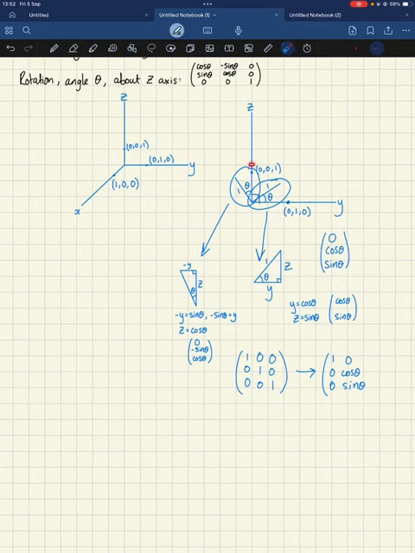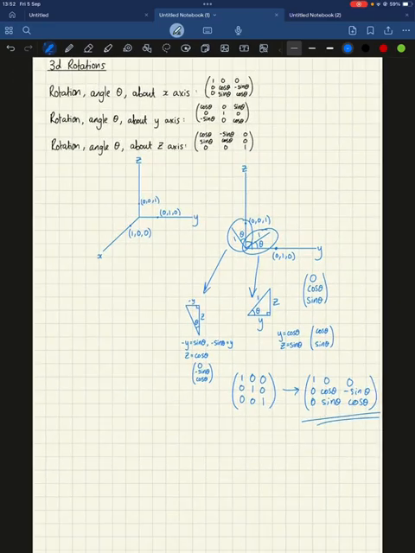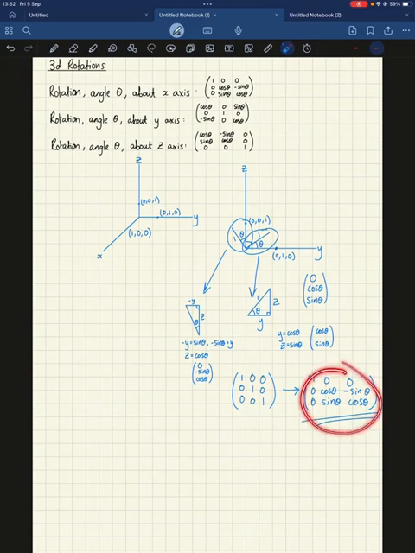And then the z or k vector was this triangle, so we get 0, minus sine theta, cos theta. And this is our matrix for a rotation about the x-axis. So you see, this matches this.